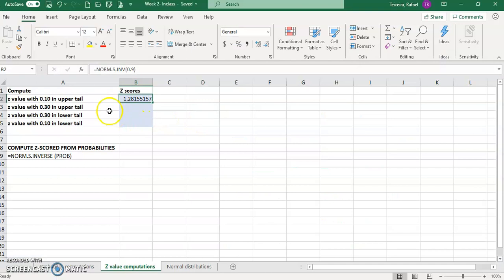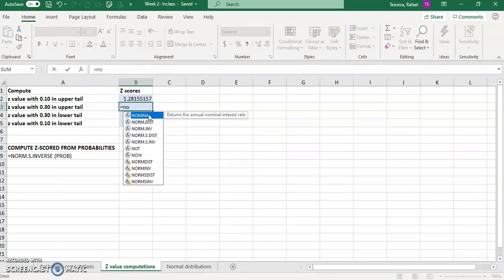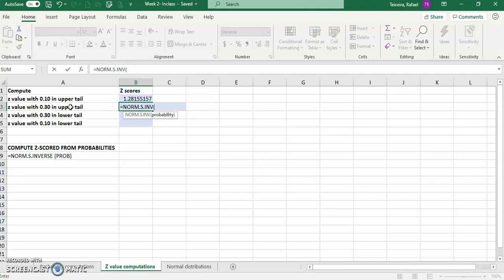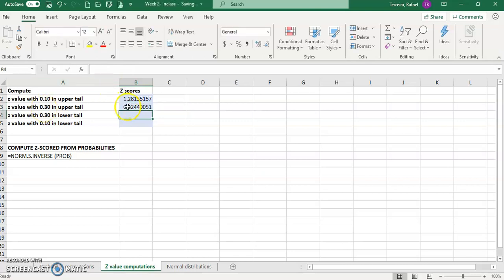Okay, let's do that for the z-value that gives me 0.30 in the upper tail, NORM.S.INV. If I subtract 1 minus 0.3, I have 0.7. 0.7 is the value that gives me 0.3 in the upper tail. So this is the z-score.